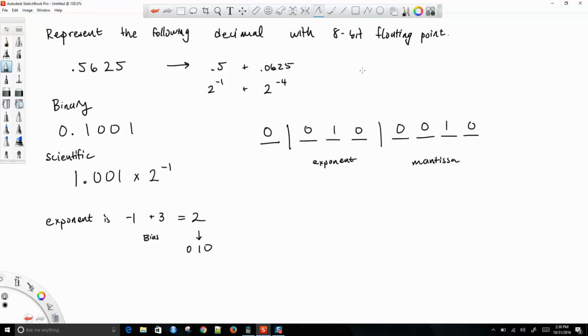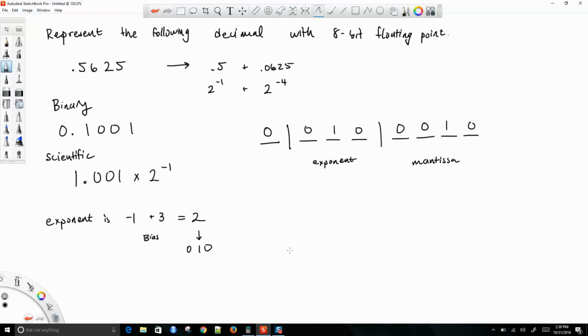Yes, question? Which one? This exponent right here? Yeah. So the exponent in scientific notation is -1, right? We want to include a bias, because we can represent a total of 8 different values. We want some of those to be negative and some of those to be positive, so we're going to put in a bias of 3.